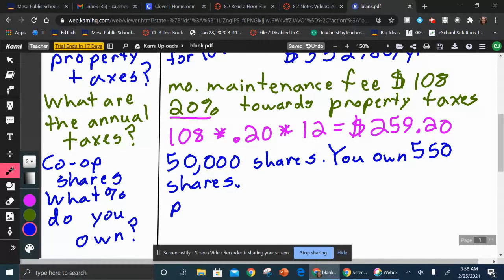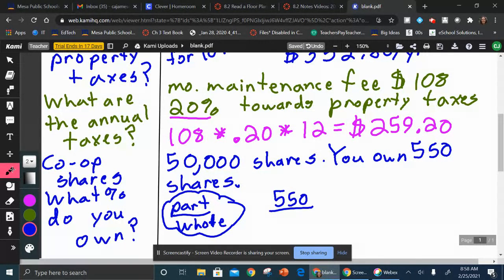Okay, so we're going to do part over whole. So 550 over 50,000 times 100, because we want to get the percent. And I get 1 1/10%.